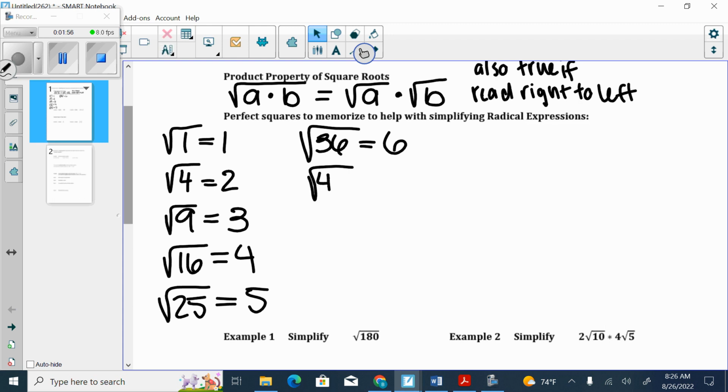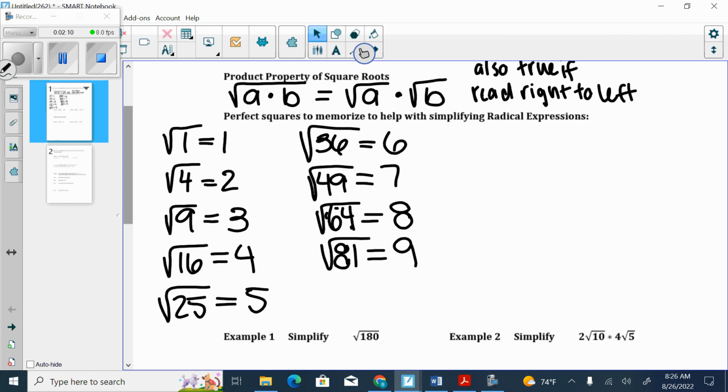Square root of 49. Square root of 64. Oh, sorry, I skipped one, didn't I? I messed you up, sorry. And then square root of 81. 9, yes. And then square root of 100. 10. Okay.